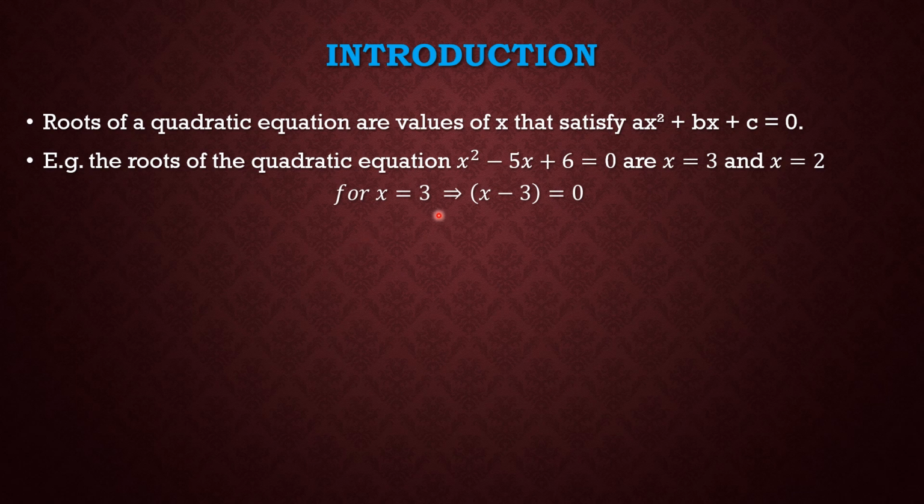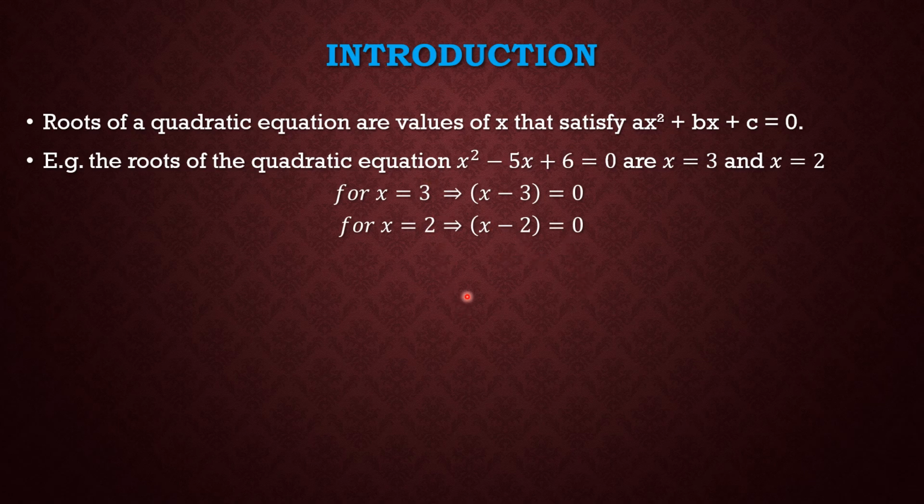For x equal to 3, we can bring the 3 across the equal sign, and the equation will now be x minus 3 equal to 0. Then we can also bring the 2 across the equal sign, and the equation will now be x minus 2 equal to 0.